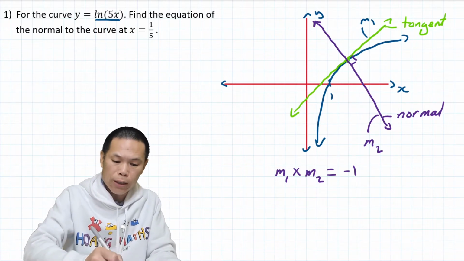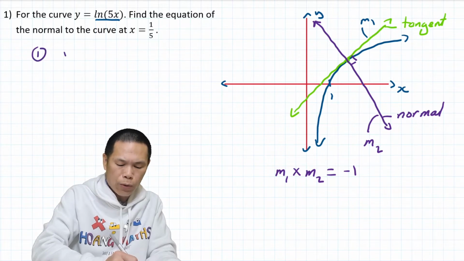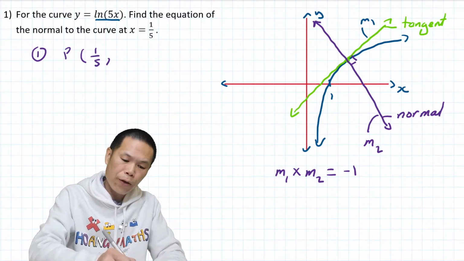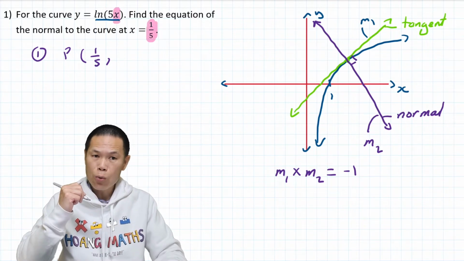Step number 1, we need to find the point. Let me just write this down. Step number 1 is we need to find the point P at x is 1/5. To find the point, we substitute 1/5 into here because x is 1/5.